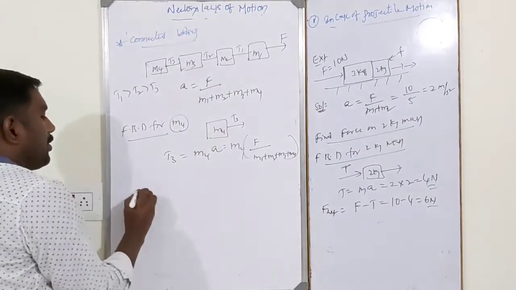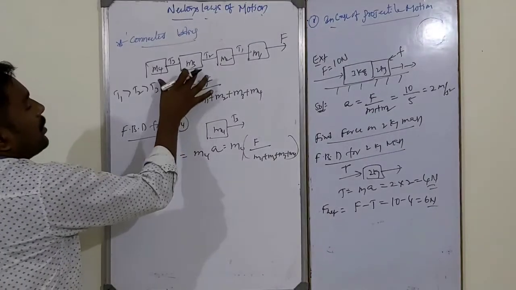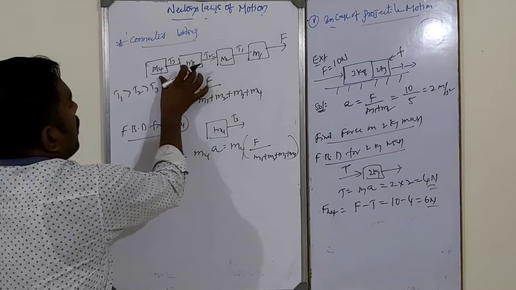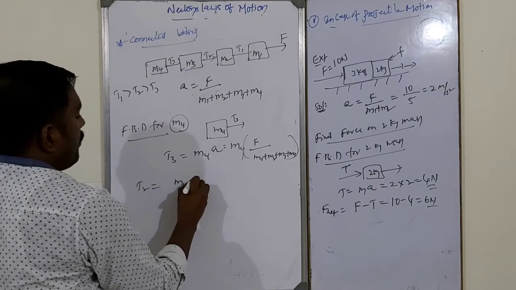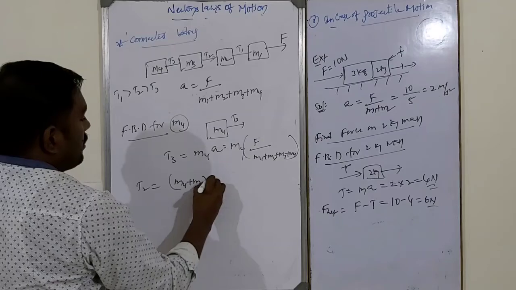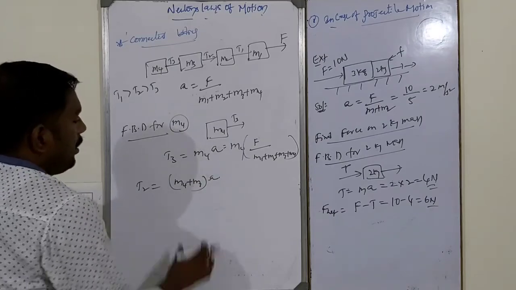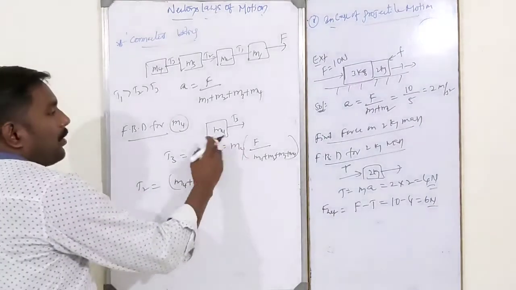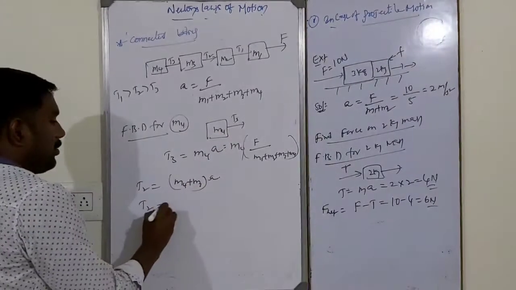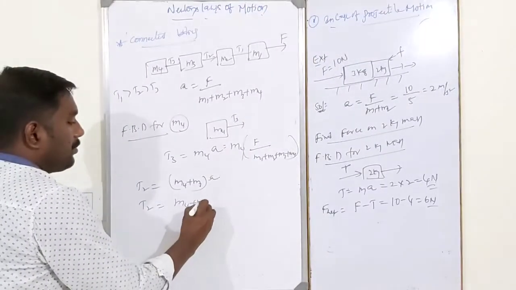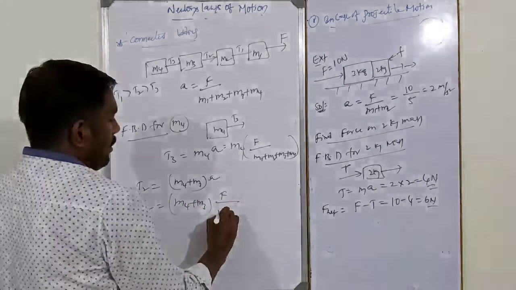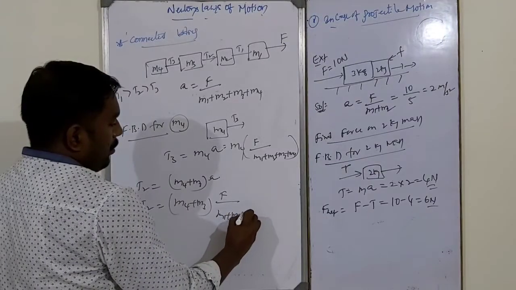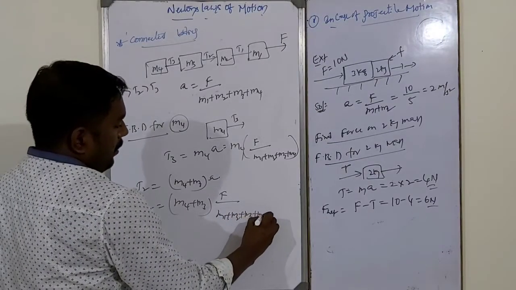Next, find T2. T2 is equal to what? Since T2 pulls these two bodies, T2 is equal to M4 plus M3 into acceleration. The acceleration we already know, F divided by M1 plus M2 plus M3 plus M4.